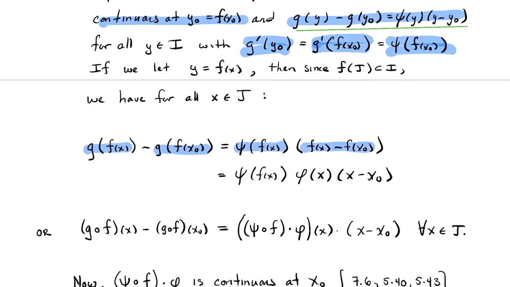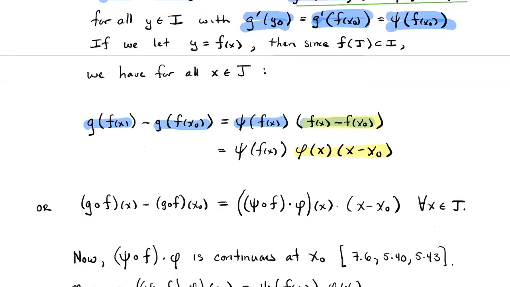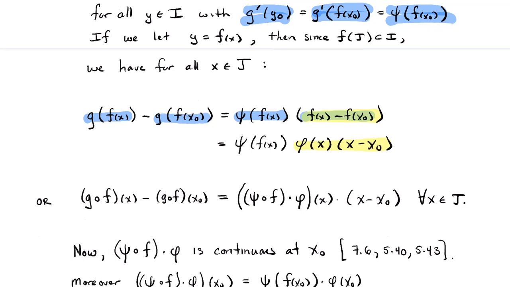Well, the y's are f of x's. Okay. But now we said that the change in f's were given by phi times the change in x's. So I'm just substituting what I highlighted in yellow there. So if I roll all that together, and maybe I won't highlight it because the highlighting scheme is getting confusing, but g of f of x, well, that's just g composed with f.